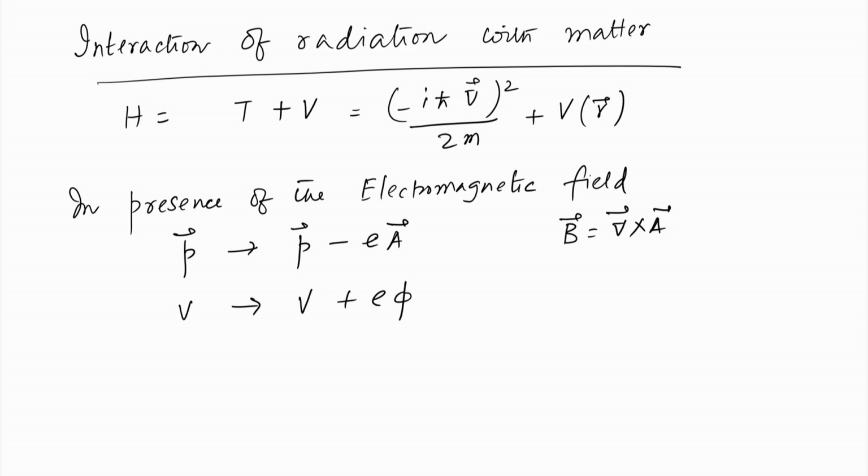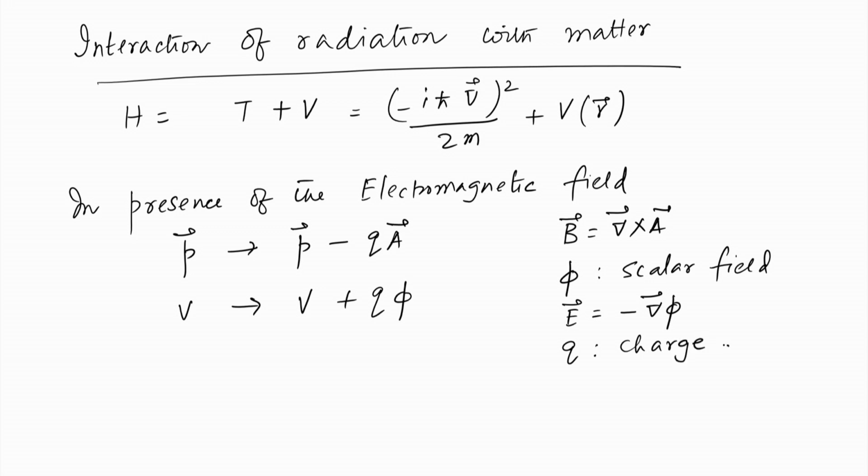So, we can change this e to q for any charged particle. So this is equal to q phi, where phi is the scalar field, or the electric field is E equal to minus grad phi, and q is the charge.